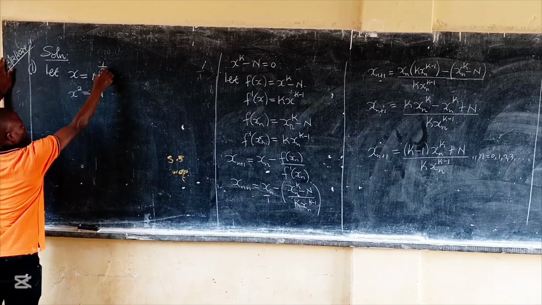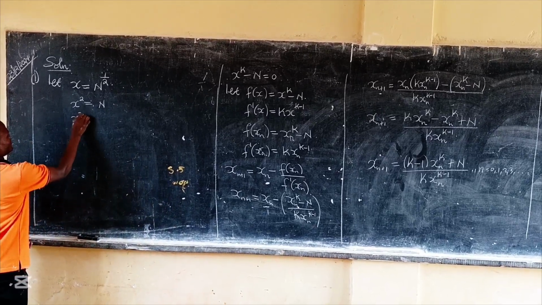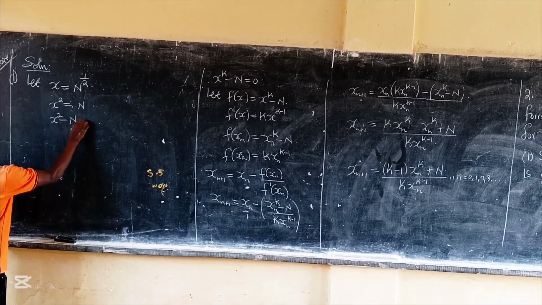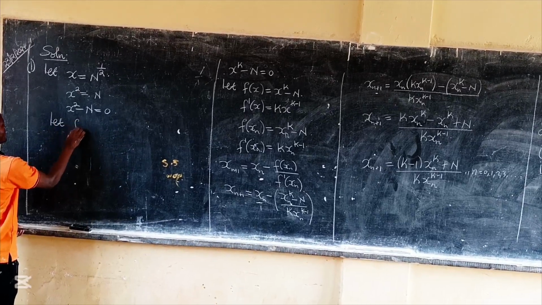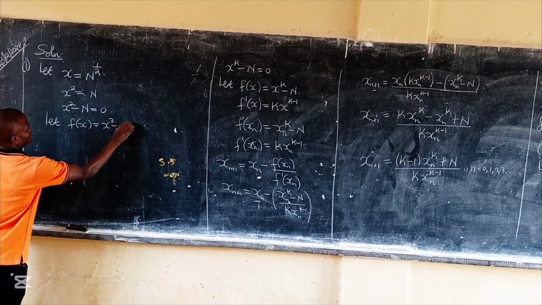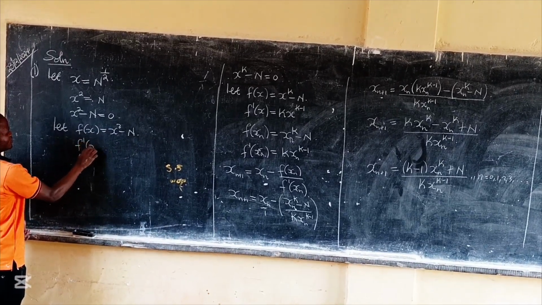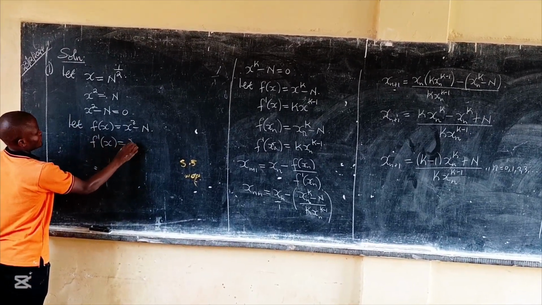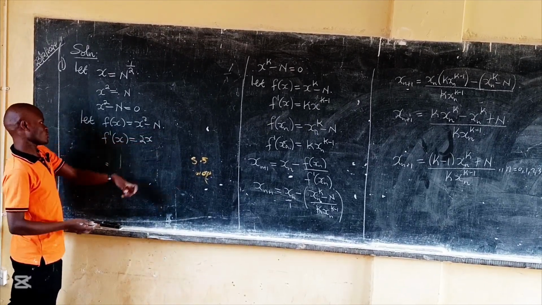When I power 2, this will create n. And here we are going to have x squared minus n equals 0. This is the point where we say let f of x take on x squared minus n. Then the next step is to differentiate. The first derivative will now give us 2x only, because the n is a constant.